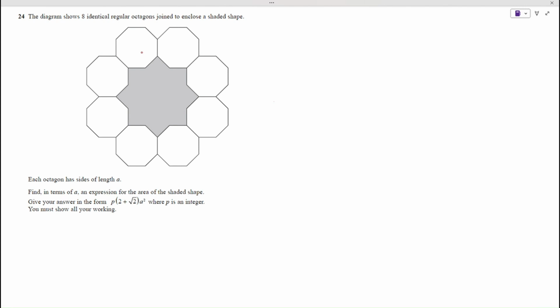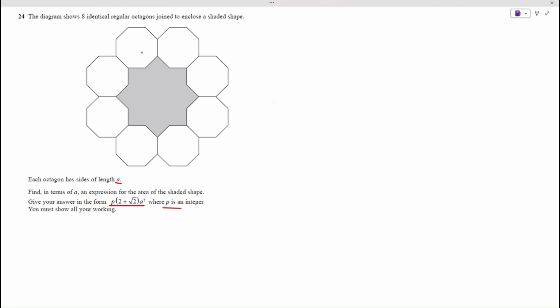Each octagon has sides of length A. Find, in terms of A, an expression for the area of the shaded shape. Give your answer in the form P times (2 plus root 2) times A squared, where P is an integer. You must show all your working.